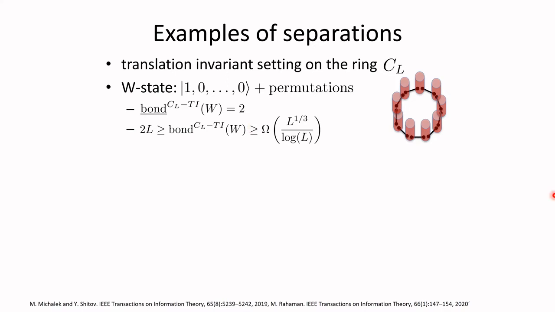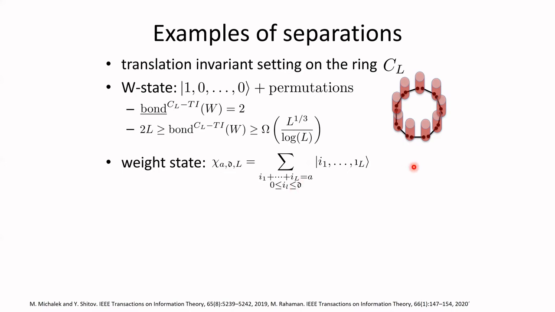So you can ask whether the W state is the only example that we have, but we can actually derive a whole family of states on the cycle for which we find such a separation. We call those weight states. So we sum computational basis states such that the sum of the basis labels is equal to some fixed weight A, and D is the local dimension of these states.